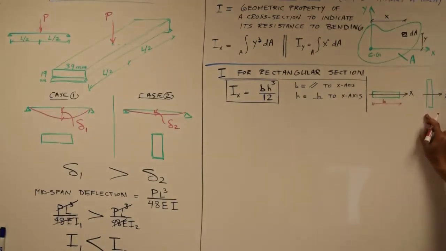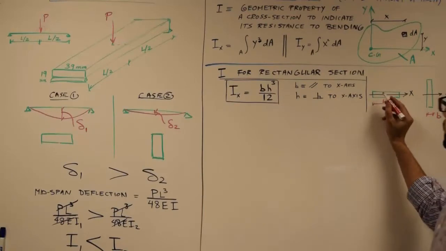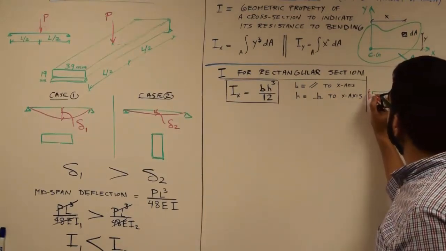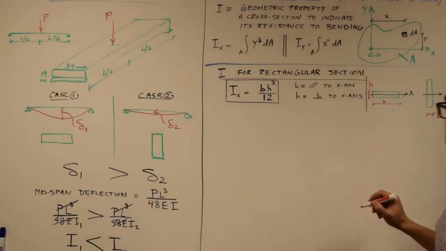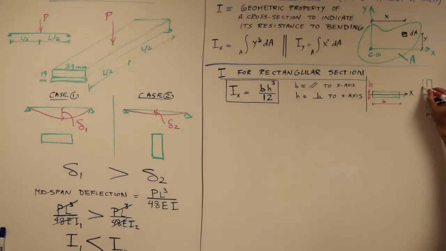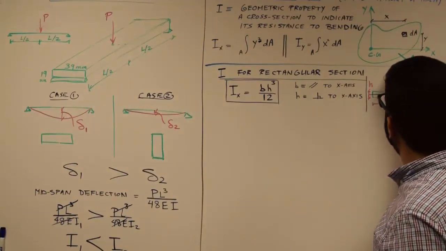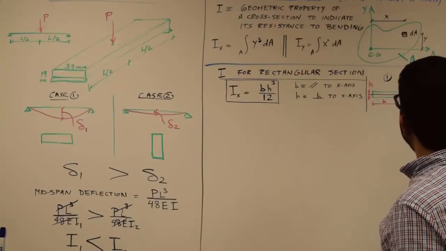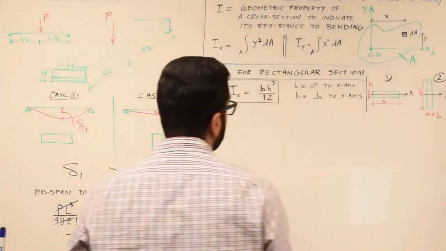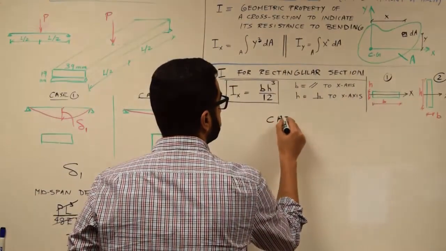Parallel to the x-axis in the second case is the smaller dimension, while h is the dimension perpendicular to the x-axis, so the whole height. In the second case, this is h. So this is case 1 and case 2.